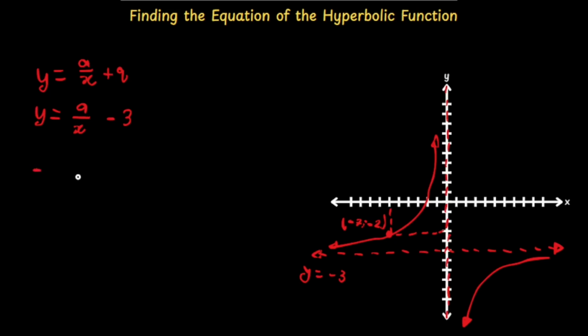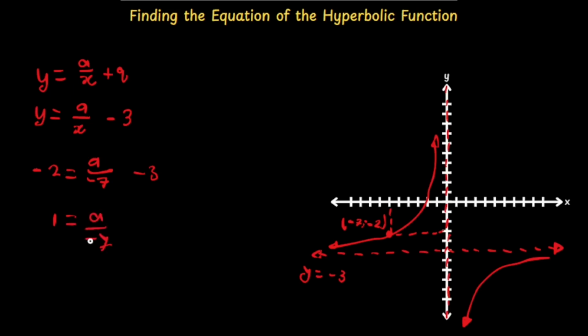Substituting in that point that we have in the function, we would get -2 is equal to a over -7 minus 3. Now all we would have to do is manipulate this equation in order to make a the subject of the formula. So -2 plus 3 would end up being +1. +1 is equal to a over -7.